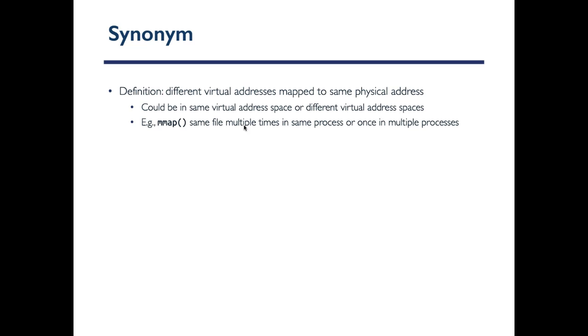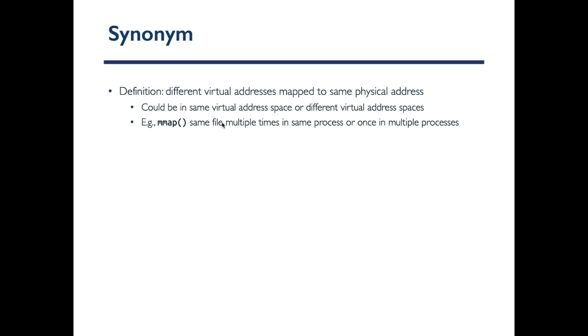But let me finish this one. So let's say you do this mapping twice. If you map the same file twice, you will map it to two different ranges of your virtual address space, but in reality, you have only one copy of it in your physical memory.